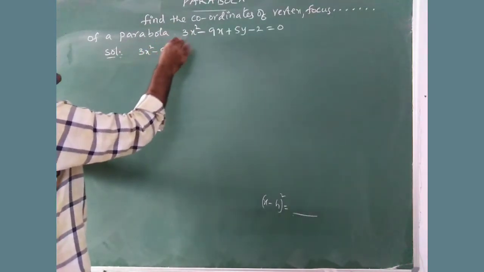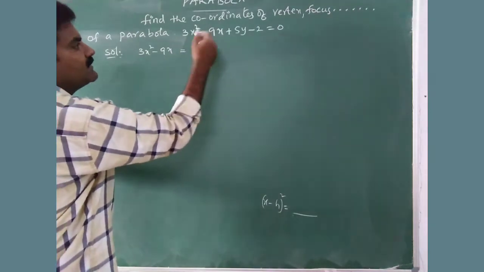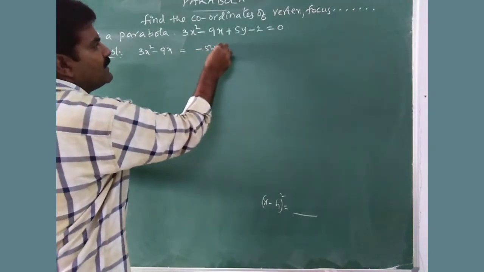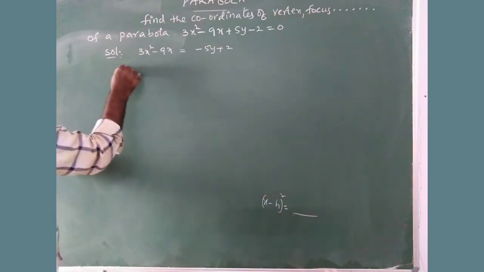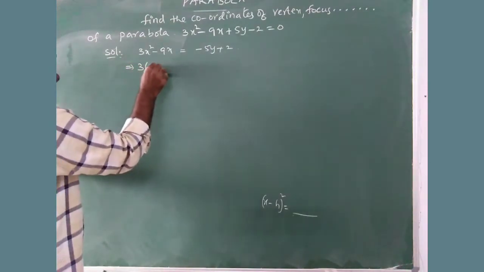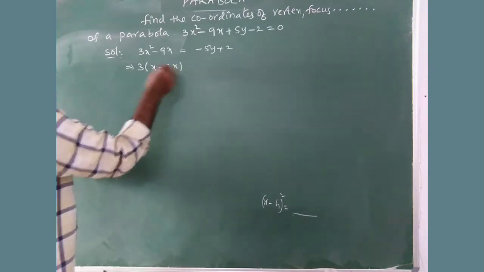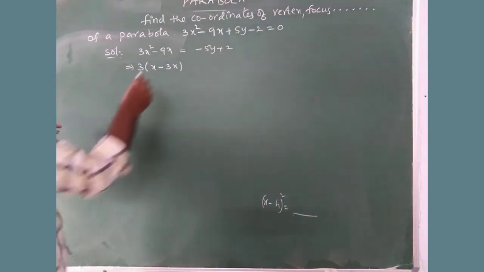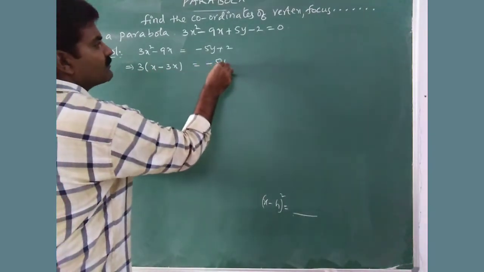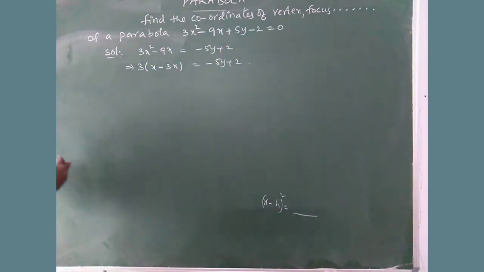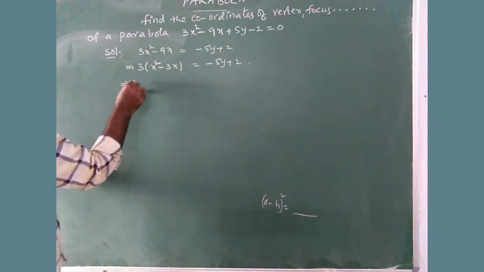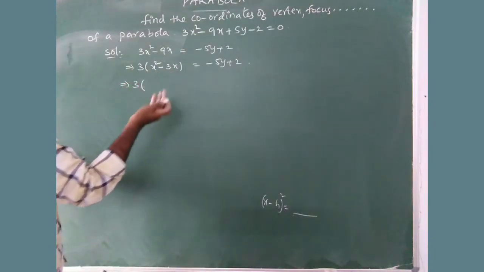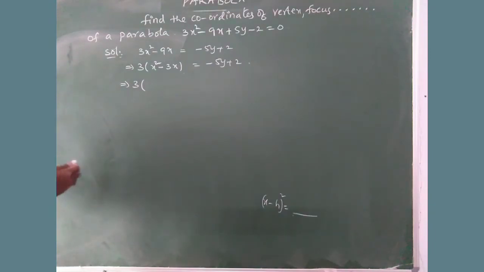keep x terms together and y terms together, that is minus 5y plus 2, the rest of them. From these two I can take 3 common, hence x square minus 3x, which is equal to minus 5y plus 2. Now my intention is to convert this into something like a minus b whole square.